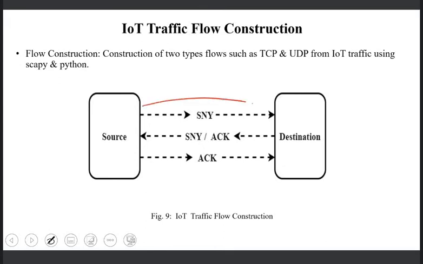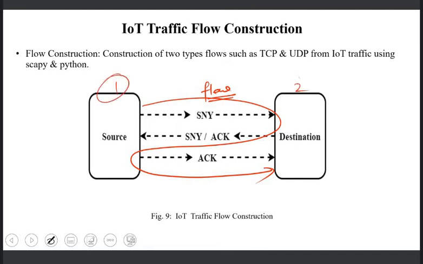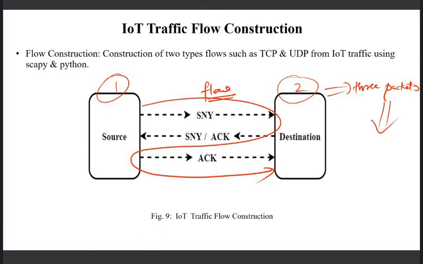So this kind of process between device number 1 and device number 2, if you find 3 packets, you can say it's a kind of flow.